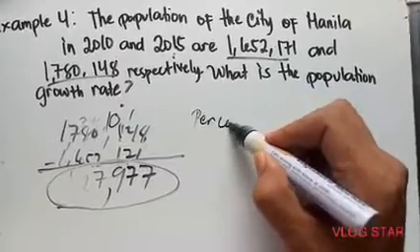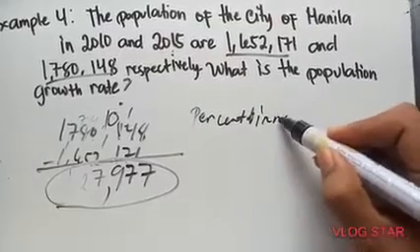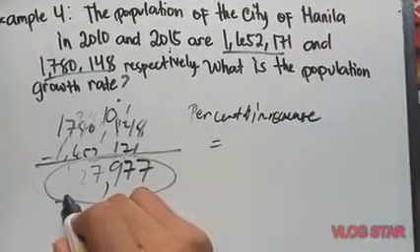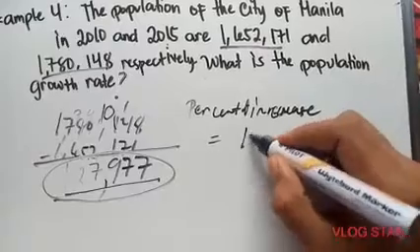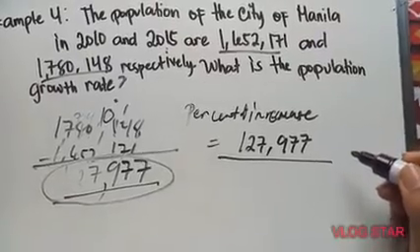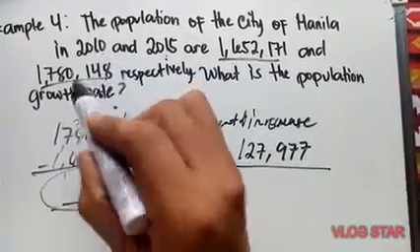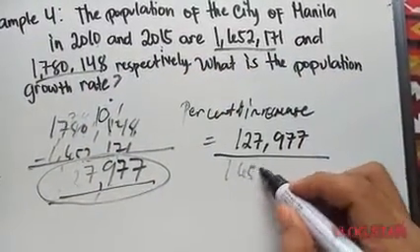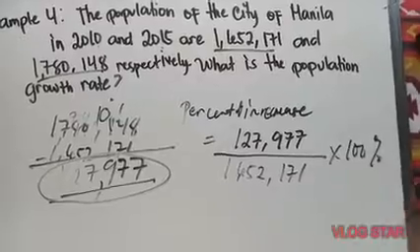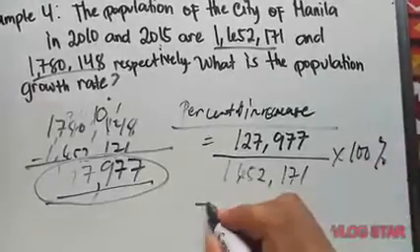So how can we get the population growth rate or percent of increase? Percent of increase is equal to the amount of increase, or the difference, divided by the original amount, which is the 2010 population, 1,652,171, times 100%, since we are looking for the percent of increase.